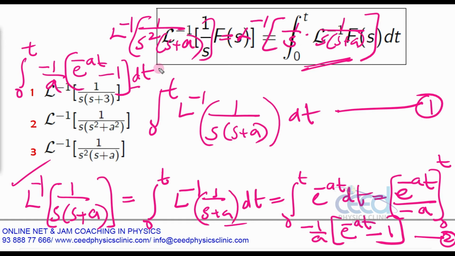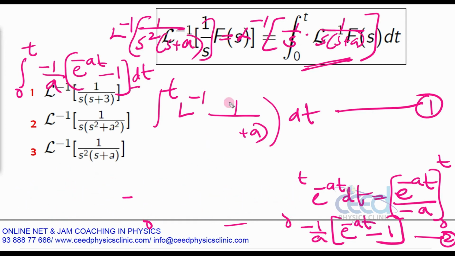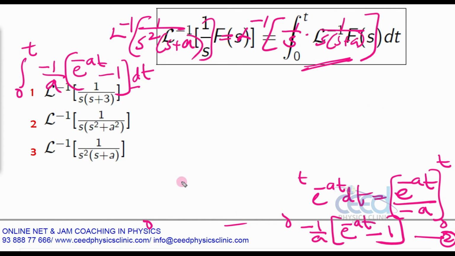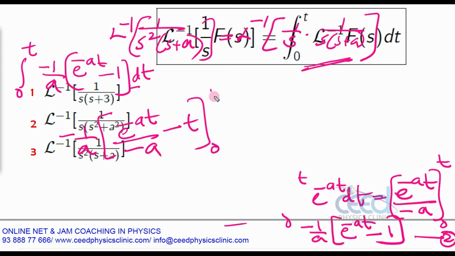So I am going to erase the remaining parts before coming to the integration. What is the integral of this? Minus 1 by a I can take out, e raised to minus at on integration, e raised to minus at divided by minus a, right? Minus this dt on integration I will get t. The final limit is again 0 to t.